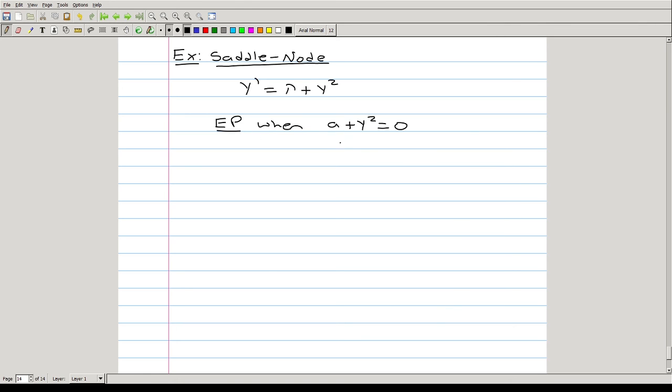And this, just like before, can be split up into separate procedures for various values of a. When a is less than 0 or negative, this expression becomes negative absolute value of a plus y squared is equal to 0.